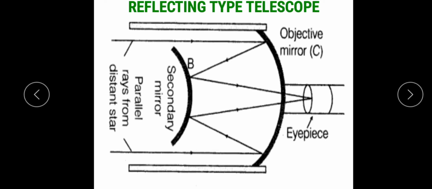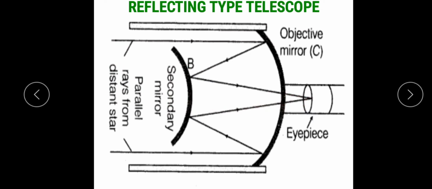Parallel rays from a distant star or planet, that is, from distant heavenly bodies, enter the telescope in a direction parallel to the principal axis.